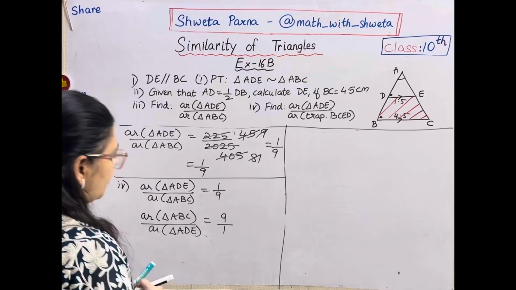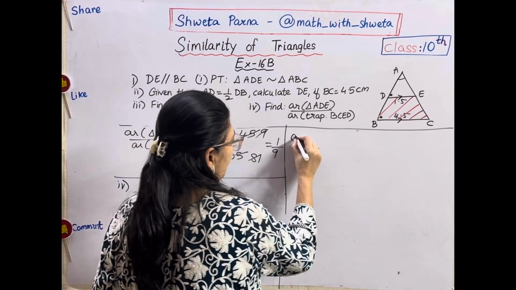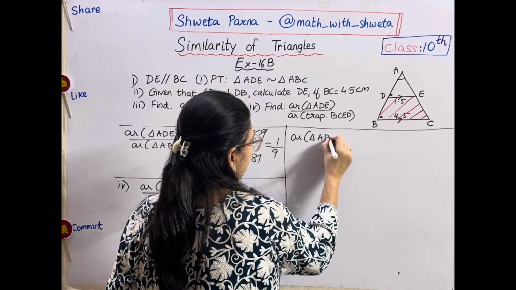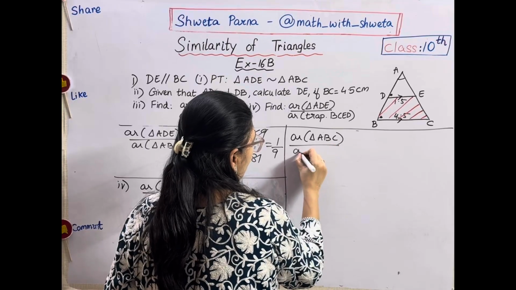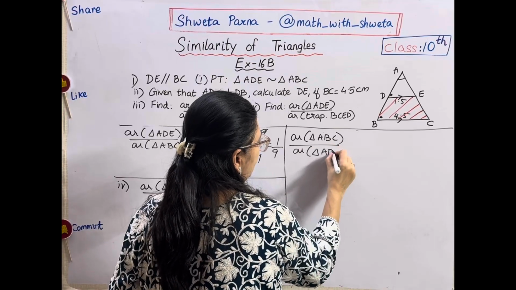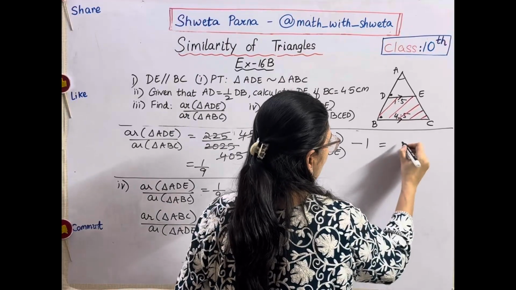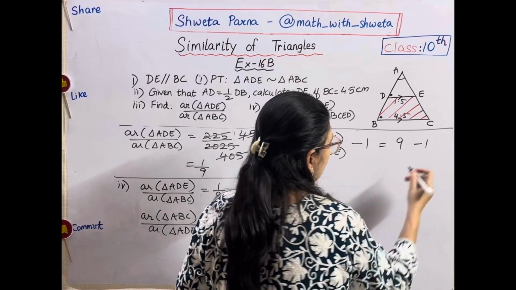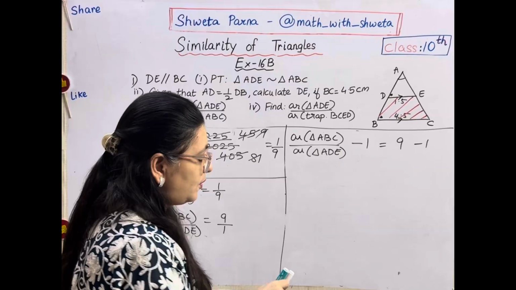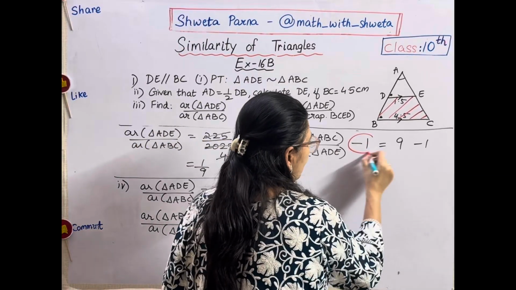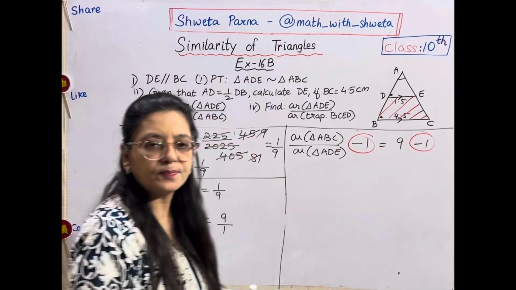So, if I subtract 1 from both the sides, area of triangle ABC upon area of triangle ADE minus 1 is equal to 9 minus 1. What I have done? I have subtracted 1 from both the sides.